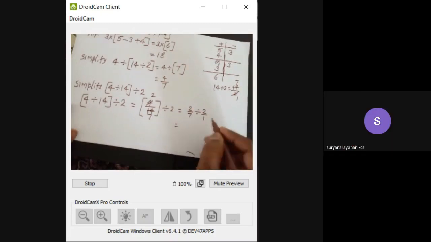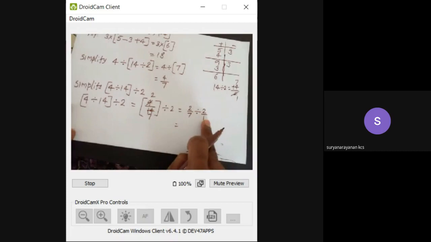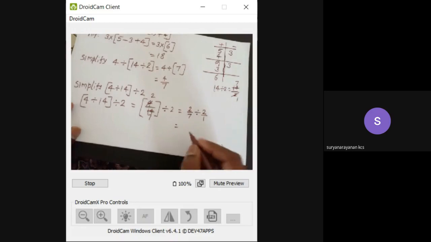Previously, I told you, according to the context, we can take 1 as denominator. So here I have taken 1 as denominator for the second number. Yes, very good, Bibina. So 2 by 7, we write the first fraction as it is.